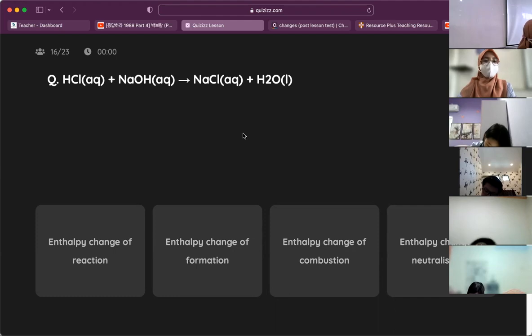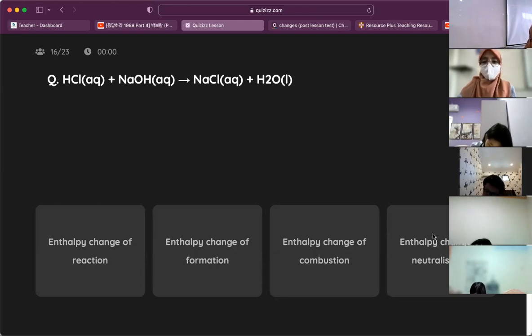Okay, so HCl and NaOH becomes NaCl and H2O. 1 mole of water is produced from its ions. Ions mean from solutions. So the correct one must be enthalpy change of neutralization.